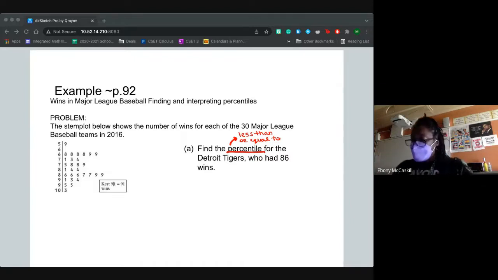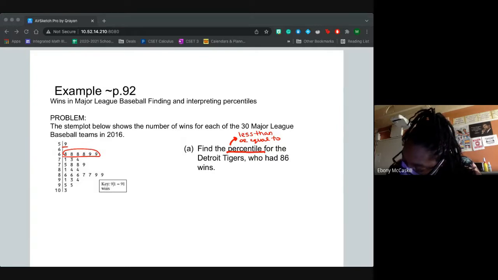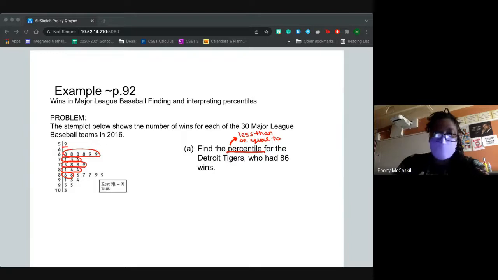So let's look for all the numbers that are less than or equal to 86. I have 1, 2, 3, 4, 5, 6, 7. I'm going to circle all of them. 8, 9, 10, 11, 12, 13, 14, 15, 16, 17, 18, 19. So you want to include 20. I missed one.